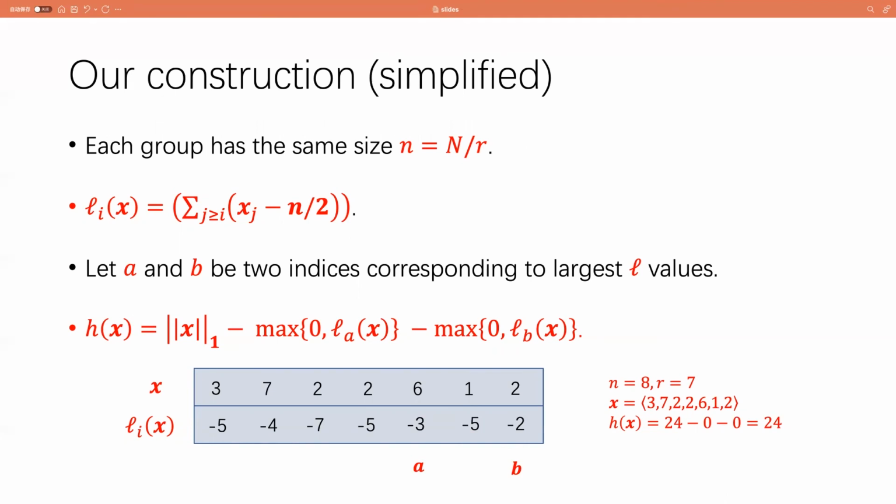Then by definition, A and B are equal to 5 and 7, and L_A(x) equals -3 and L_B(x) equals -2. And since both of them are less than 0, the value of h(x) is just the norm of x, which is 24.